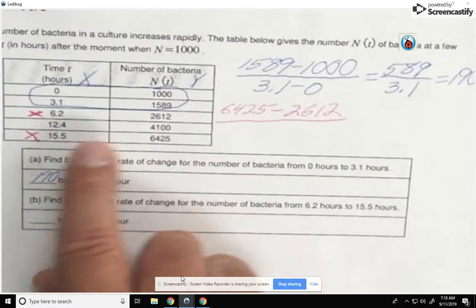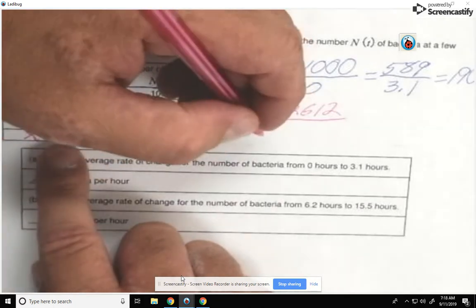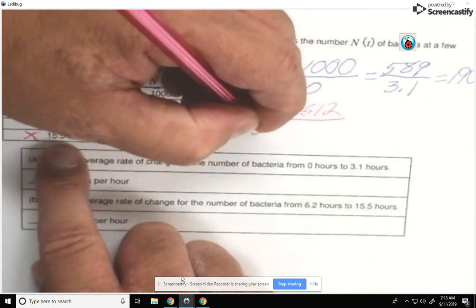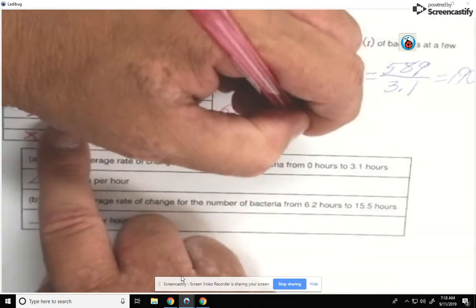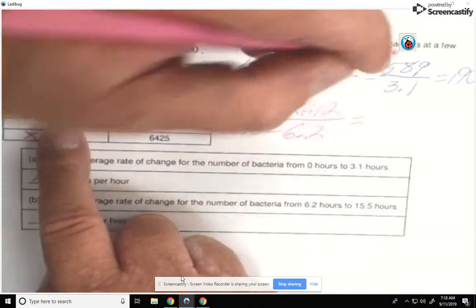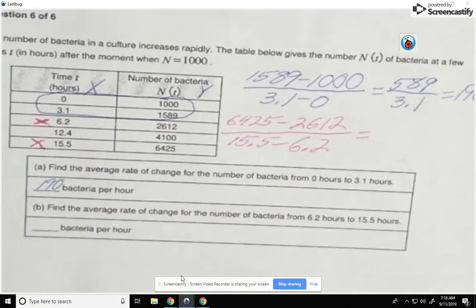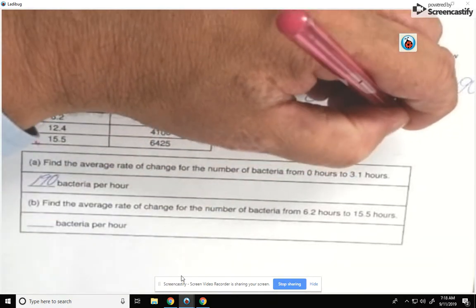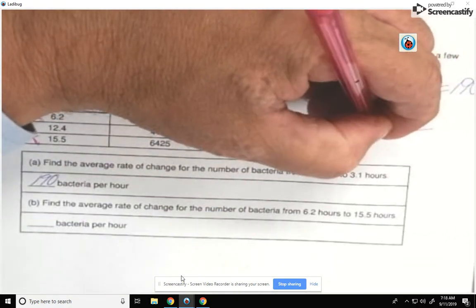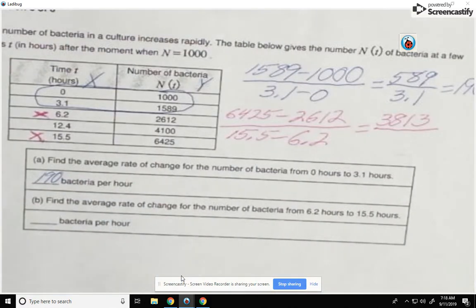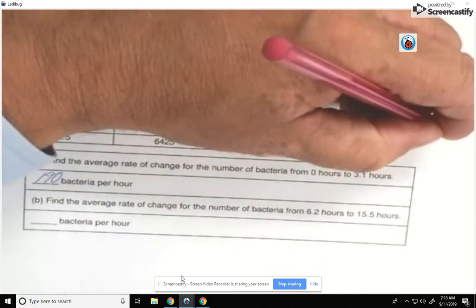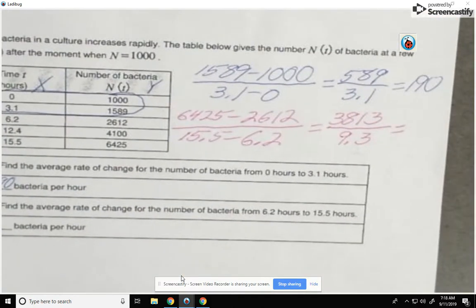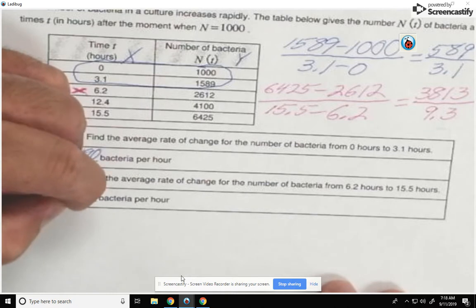Our change in x is 15.5 and 6.2. So now if we do the quick calculation, on the top we're going to get 3,813. On the bottom we will get 9.3. At this point we just do top divided by bottom and we will get 410. So our answer to B would be 410.